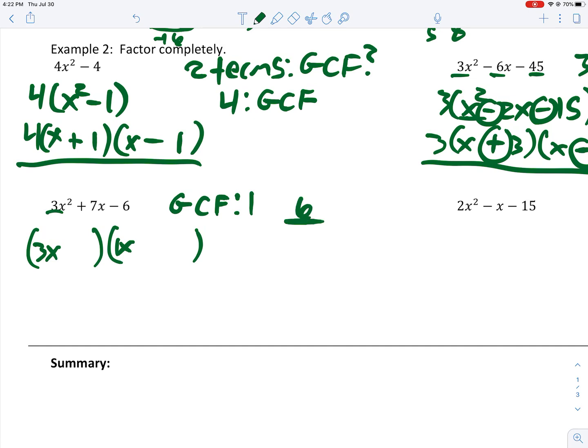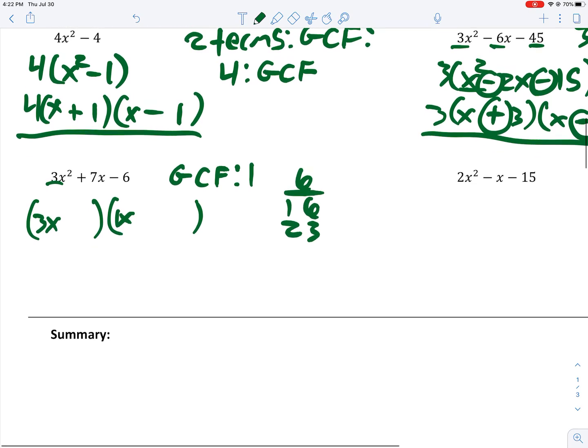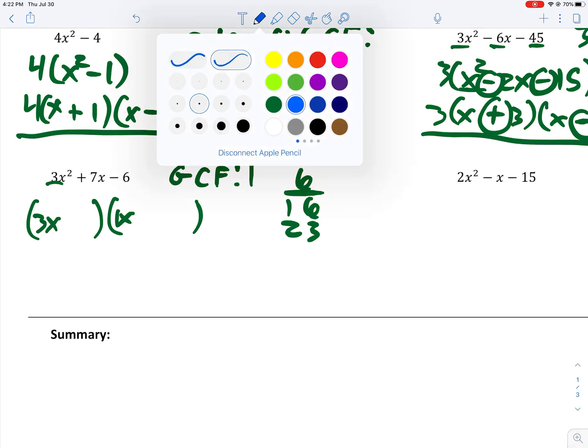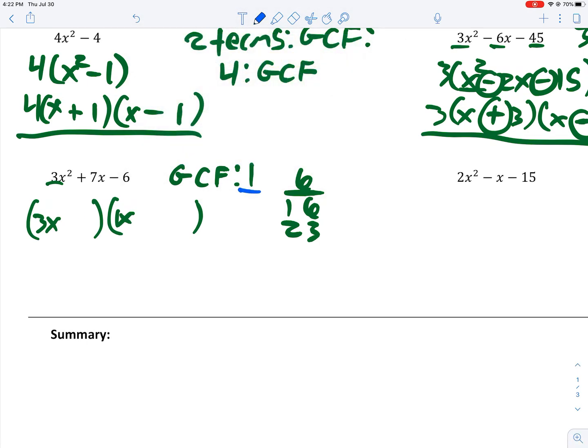So this is 3x, 1x. 6 is 1 and 6, 2 and 3. Again, understanding the GCF is 1 means I know for a fact that's wrong. I don't have to worry about the signs, because this would give a GCF of 3. We said the GCF is 1, so I know the 3 can't go there.